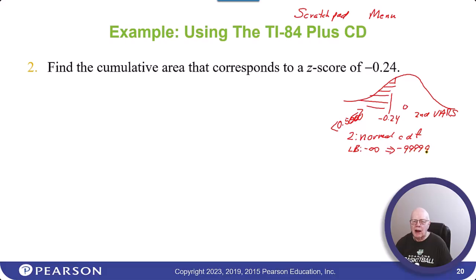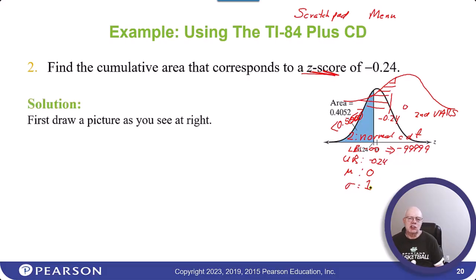For the upper bound, I'll put in negative 0.24. And then for the mean, since this is a z-score, I'm going to put a 0 in. And for the standard deviation, this is the standard normal distribution, so that will be a 1. So there's the picture.